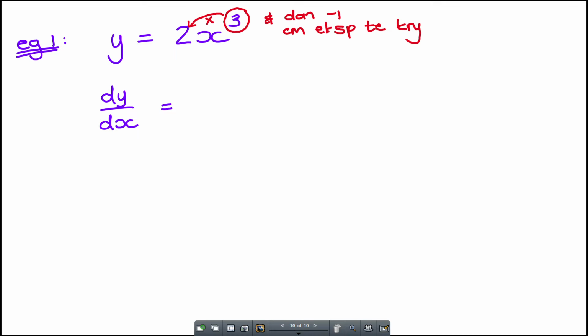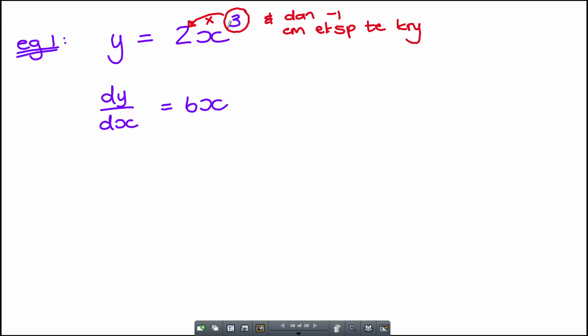Okay, so let's quickly do that. We said the exponent, I'm going to multiply that with a 2. So 2 times 3 will give me 6. The x stays, but the exponent of the x will now not be 3 anymore because I said minus 1 from that exponent.